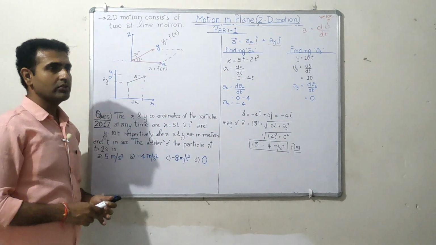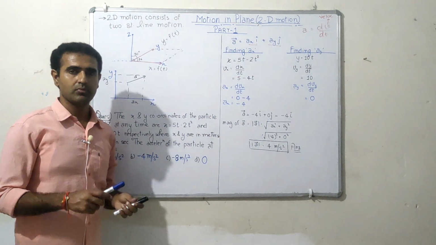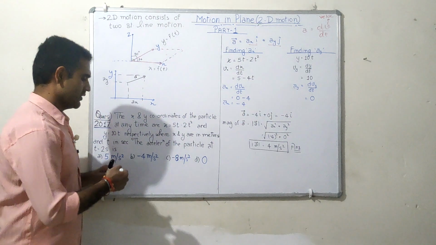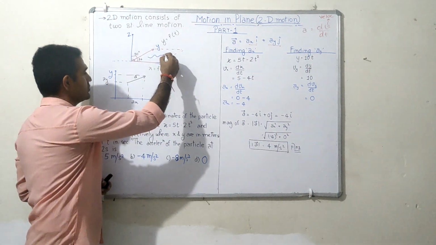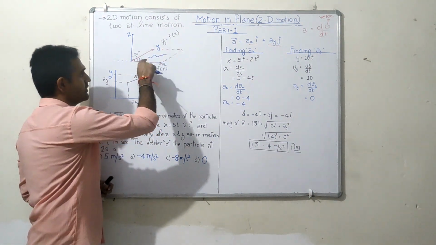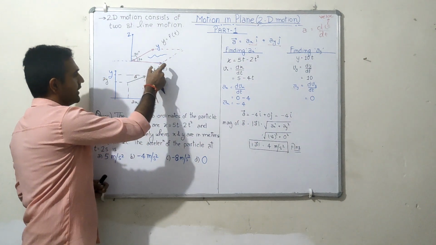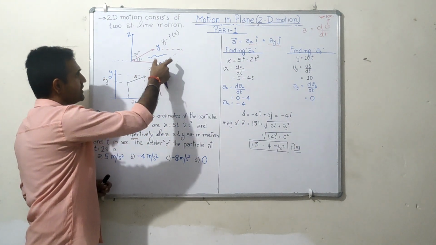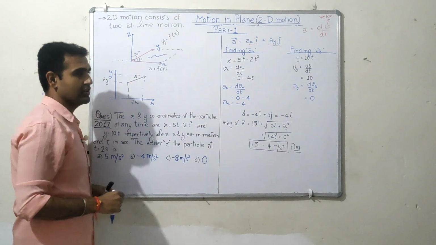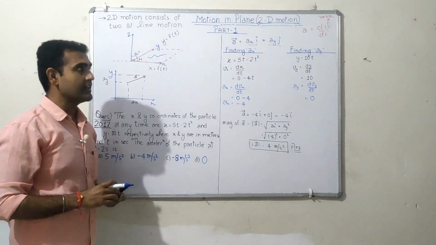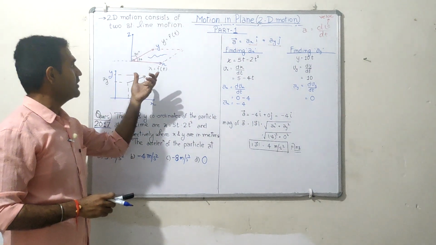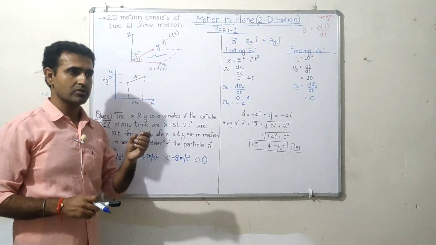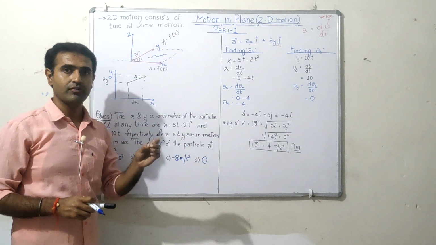To study the motion of an object such as a snake moving on the floor, we can study the motion of the snake on this floor by having the equation of motion in the x direction and the equation of motion in the y direction. Other examples of plane motion are playing carom board.